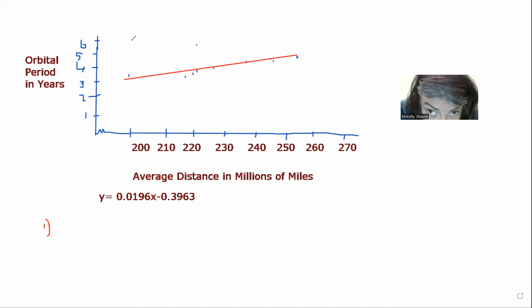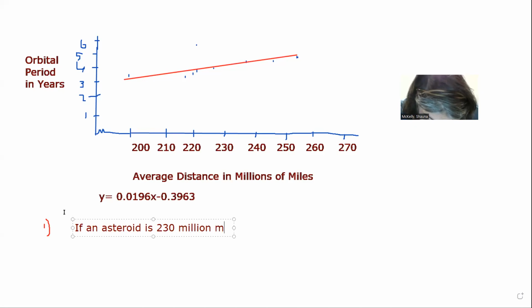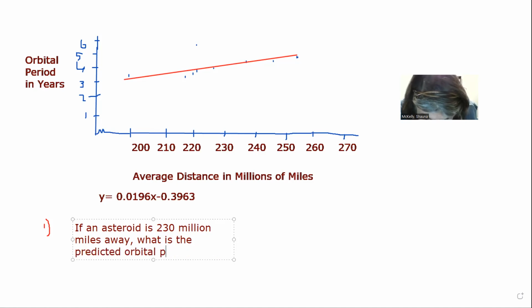So if an asteroid is 230 million miles away, what is the predicted orbital period?